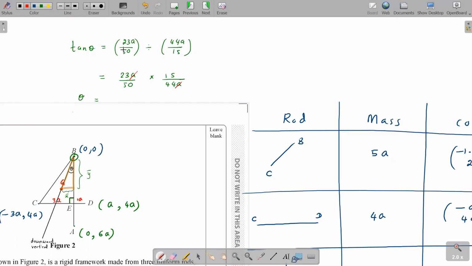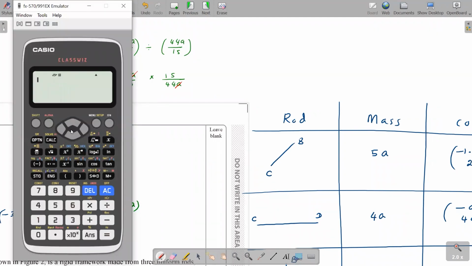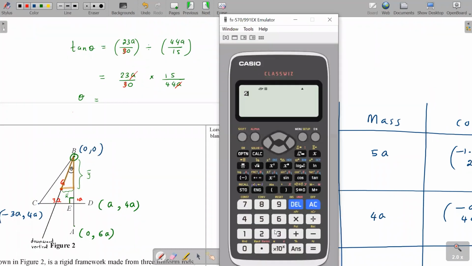Yeah, my x bar value was 23 over 30, right? The x bar value was 23 over 30 divided by the y bar value 44 over 15. So let's get it again. 23 over 30 into 15 over 44. So tan inverse of the answer gives me 14.647.